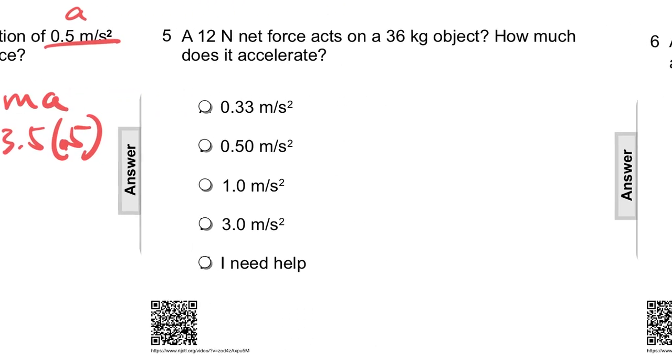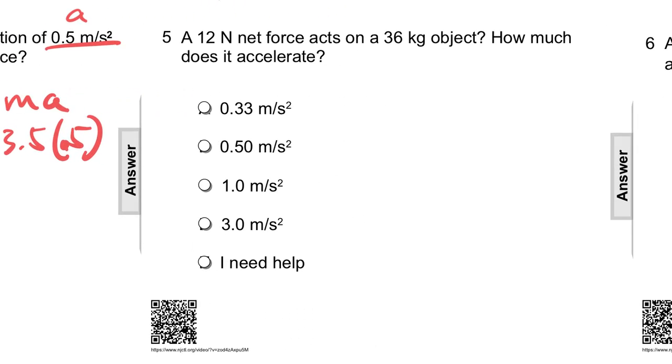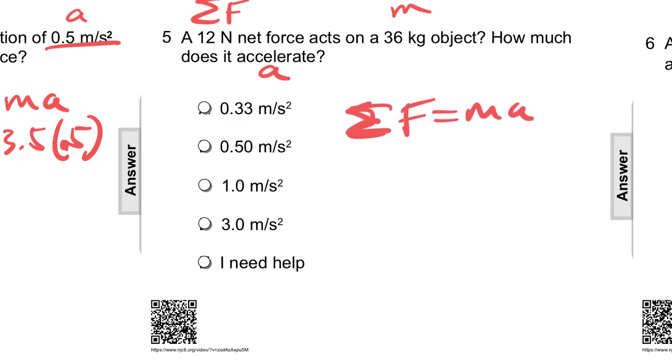Okay, these are easy. Here's the net force, here's the mass. What's the magnitude of its acceleration? Net force is equal to ma, so a equals net force divided by m.